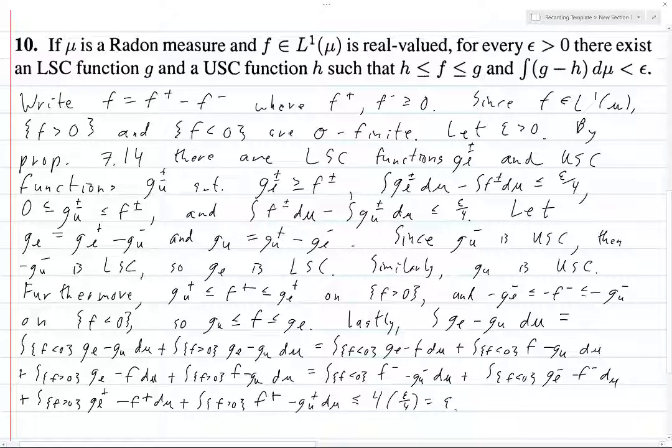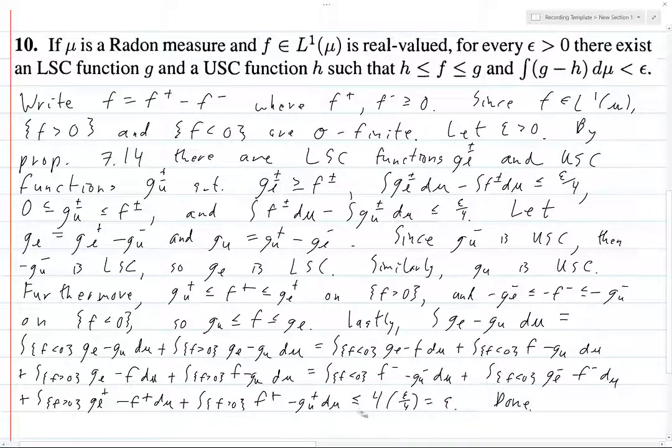I'm just going to write done here, so that doesn't take up more space. But basically, this is what we wanted. We have a lower semi-continuous function and an upper semi-continuous function, the GL and GU, and GU is less than or equal to f less than or equal to GL, and the integral of the difference between the two is less than epsilon, and that's exactly what we wanted.